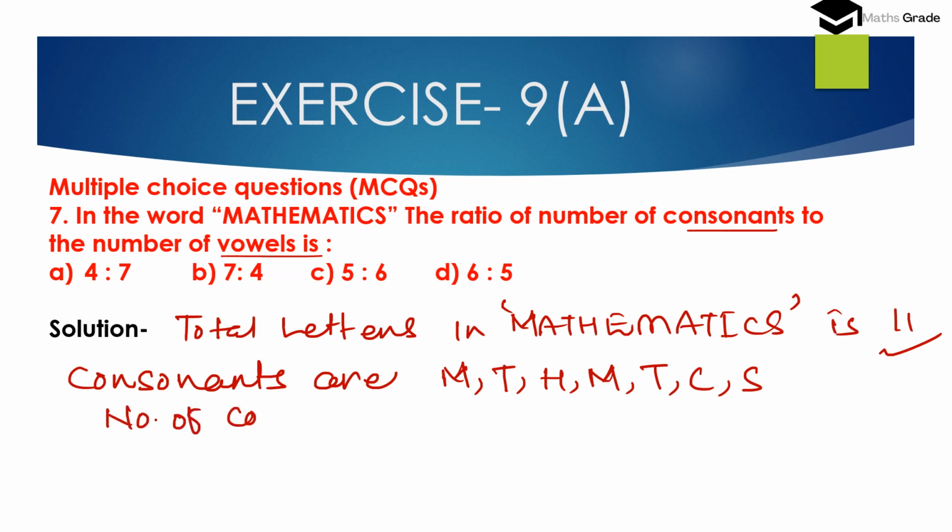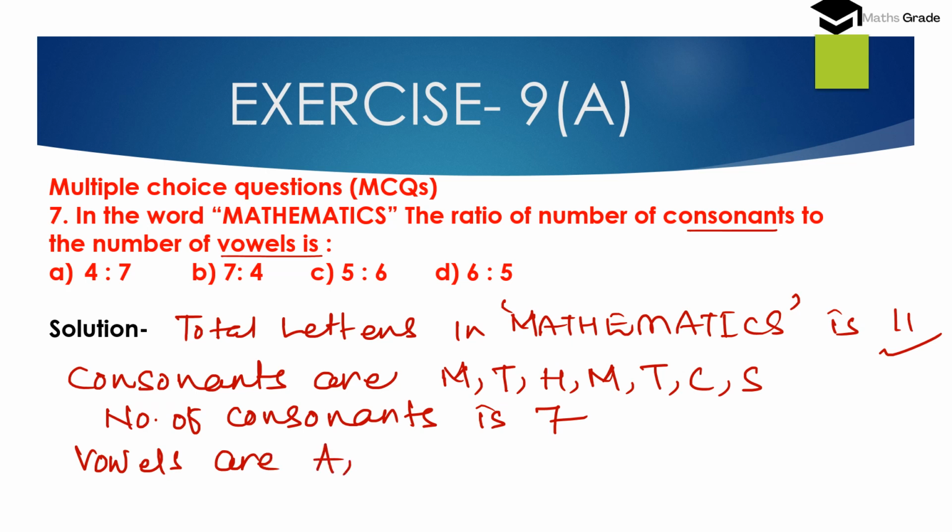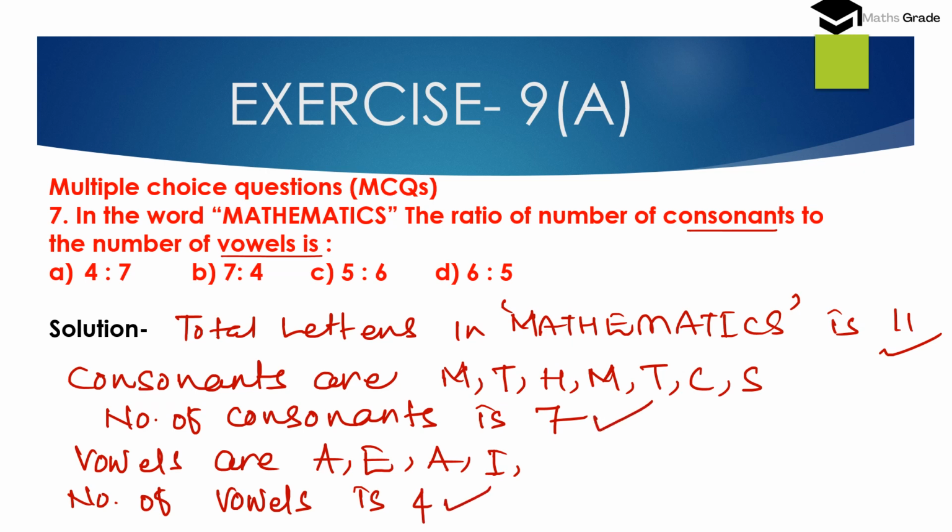So number of consonants is 7. Now vowels are A, E, A, I. So number of vowels is 4. Number of consonants is 7 and number of vowels is 4.